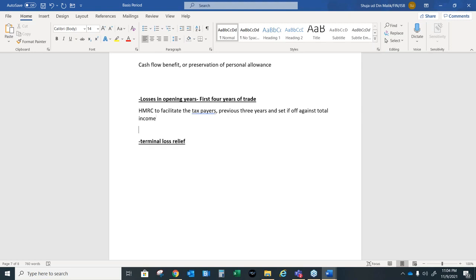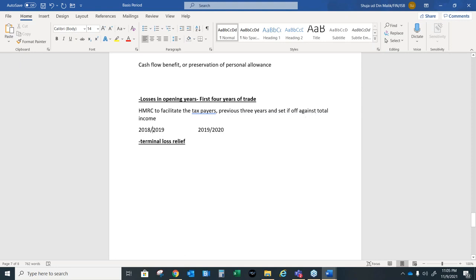So if I say you have incurred loss in 2019/2020, and your business started in 2018/2019, and you made a loss in 2019/2020, so you have made the loss in the second year of your trade. This is the tax year of loss for you. You can carry back this loss in previous 3 years against the total income of these.